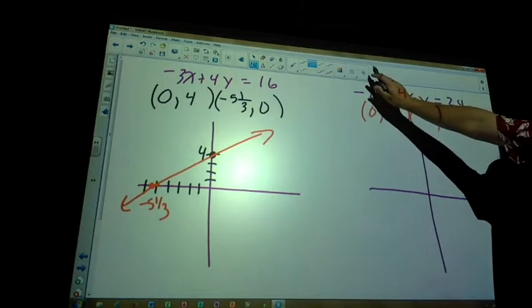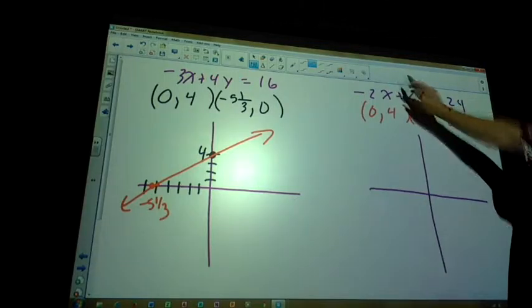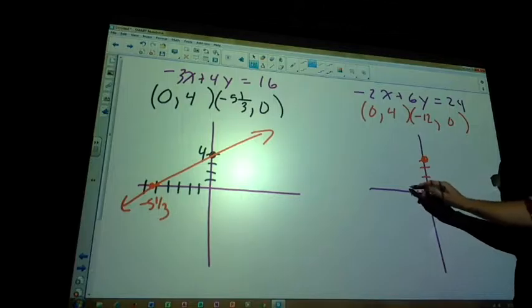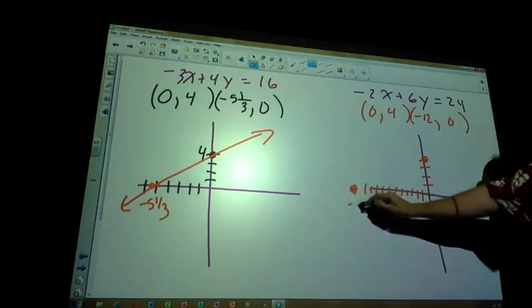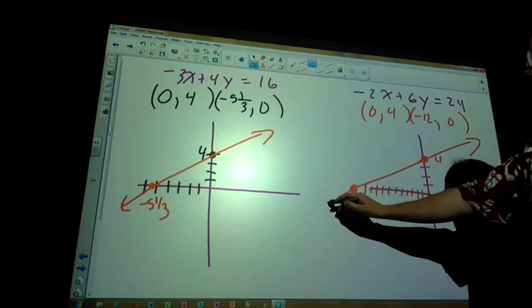No, I didn't. Oh, there we go. What does X have to equal then? Negative 12? Okay, so 0, 4 is here. And negative 12. That all right? Connect the dots. Sweet.